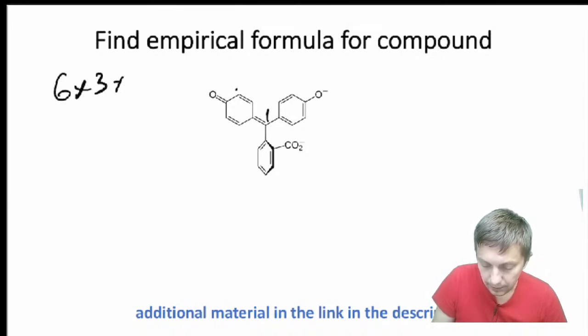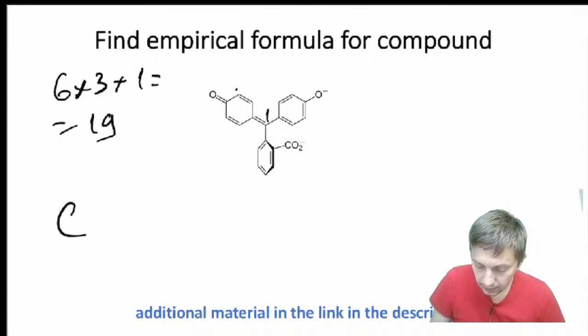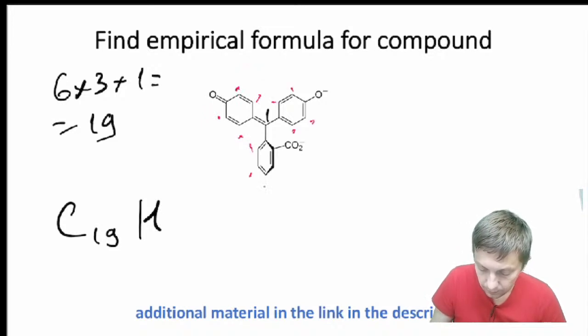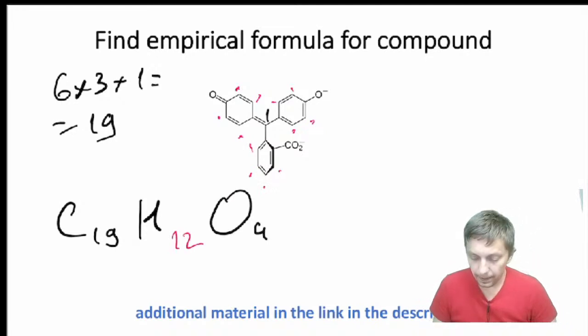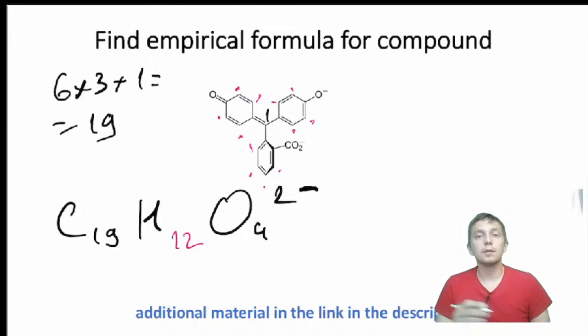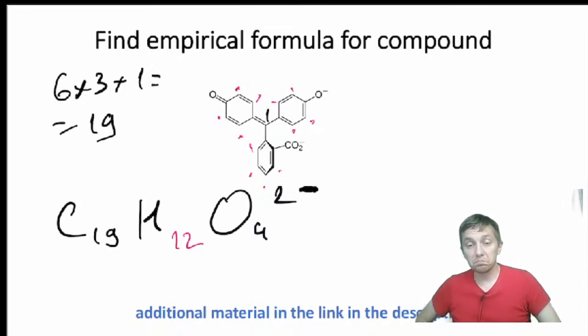It will be 20, C20. Hydrogen: 1, 2, 3, 4, 5, 6, 7, 8, 9, 10, 11, 12. H12. Oxygen 1, 2, 3, 4, and charge 2 minus. These compounds have the formula C20H12O4, 2 minus.